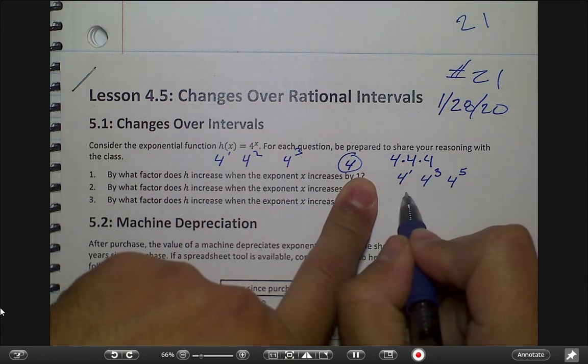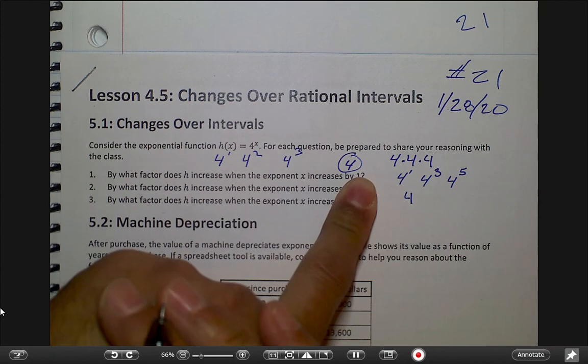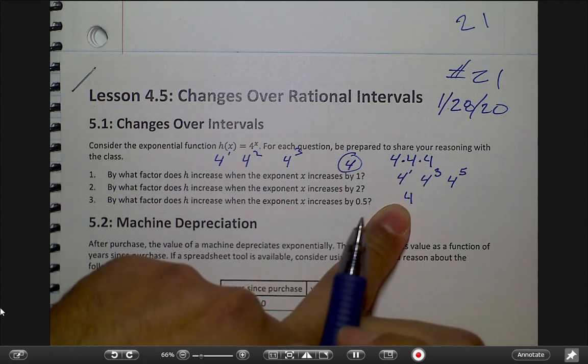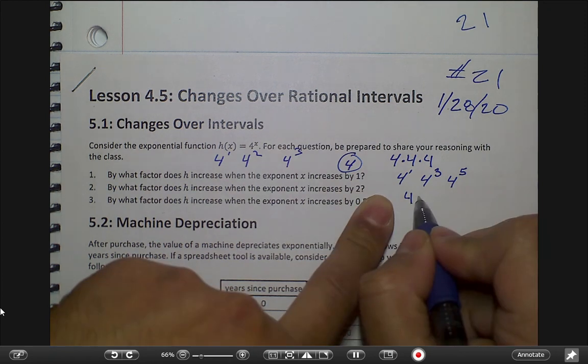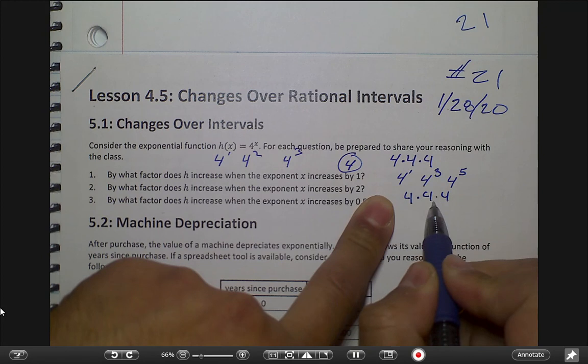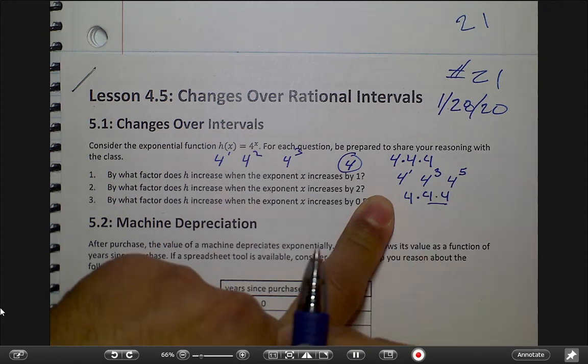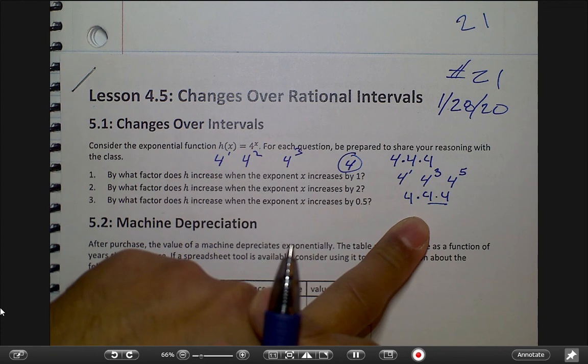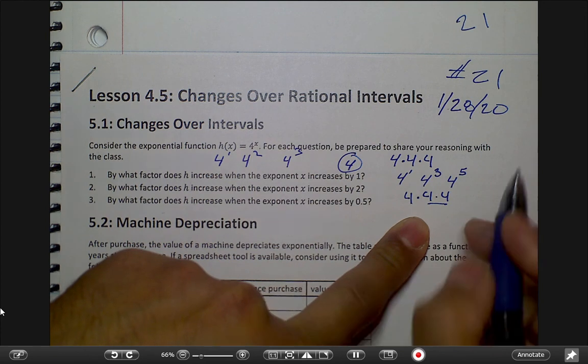I'm starting with 4 to the first, which is just 4. Now, what would I do to make it 4 to the third? Add 2 more. So wouldn't that be times 4 times 4? Is that 4 to the third, right? So added 2 more there. But what if I'm going to do 4 to the fifth? What do I have to do? 2 more.